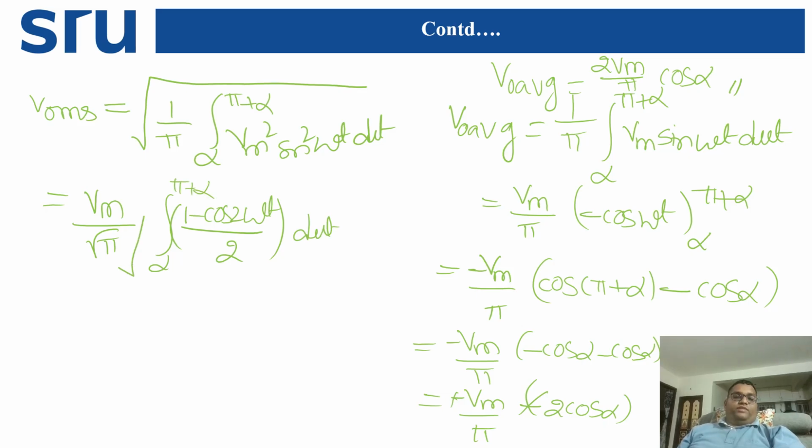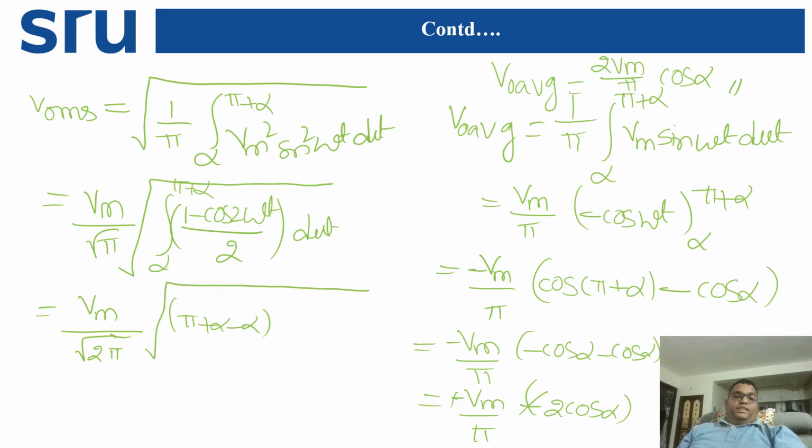This comes under the square root. Now Vm by square root of 2 pi, pi plus alpha minus alpha comes for the integration, then sine 2 omega t by 2, from alpha to pi plus alpha.